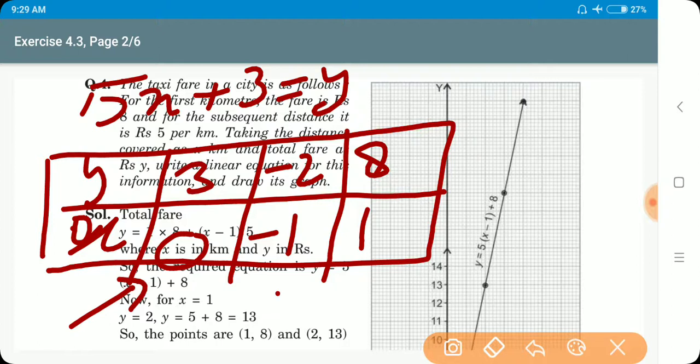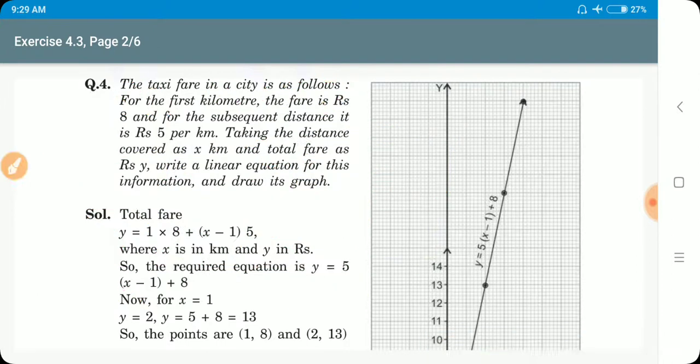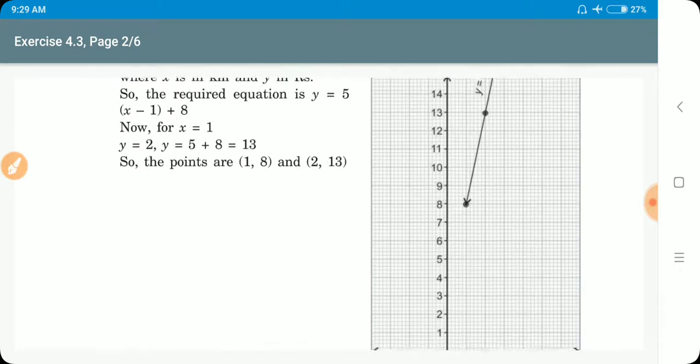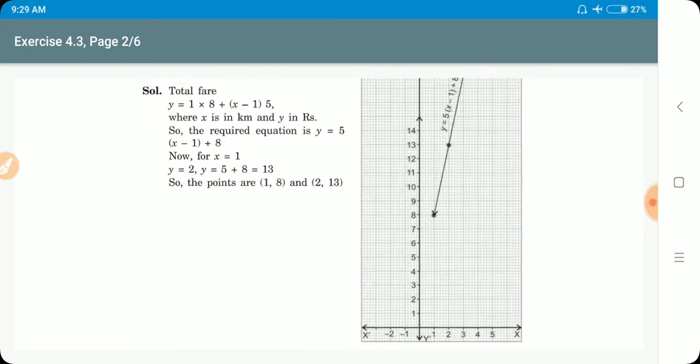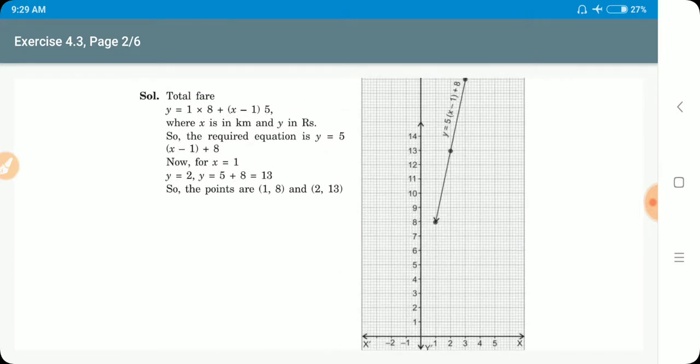x is equal to minus 1, y is equal to minus 2. So I'm going to explain to you, students. When x is equal to 1 and y is equal to 8, it was given.